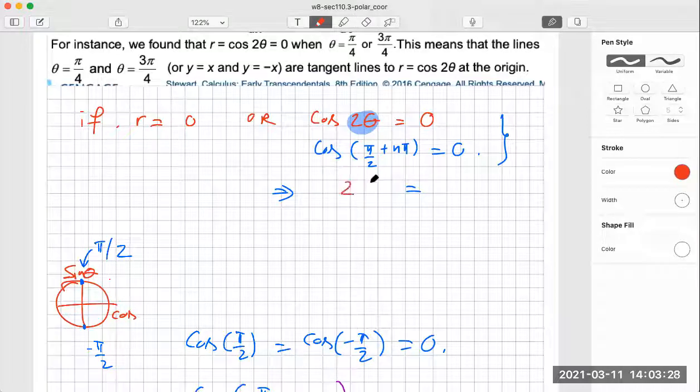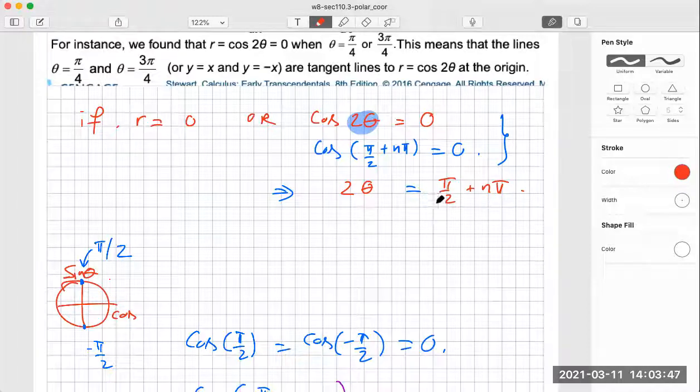Cosine of this angle is equal to 0. Cosine of this general case is also equal to 0. Therefore, these two angles should be the same. Okay.